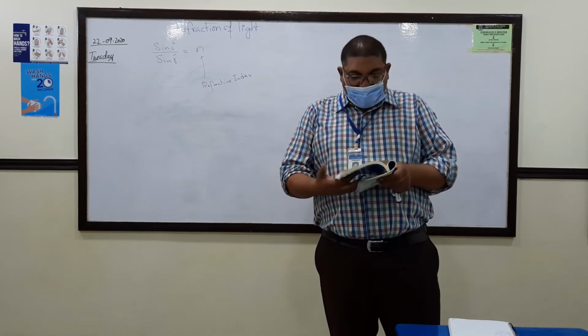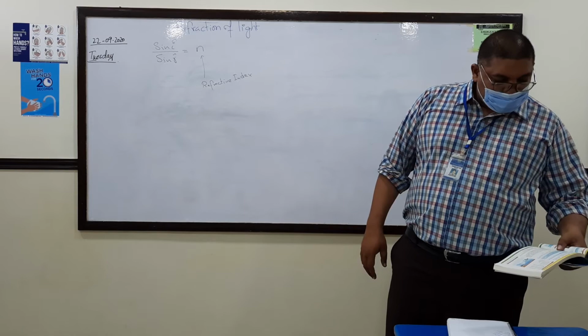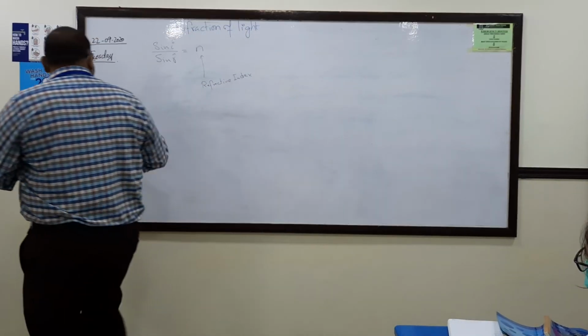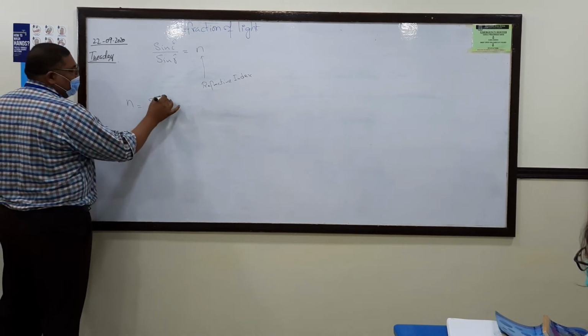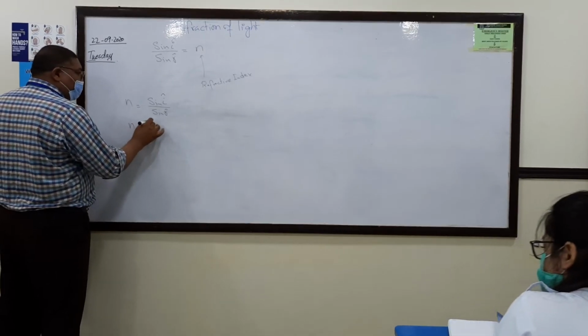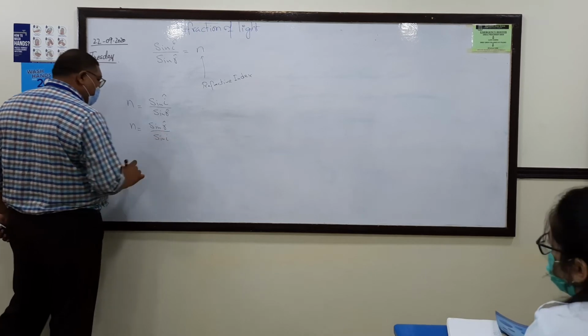We have another formula for the refractive index. So the formula for n can be sin i by sin r. It can also be sin r by sin i.